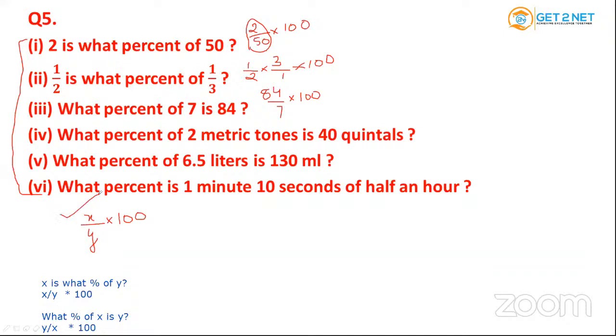Now here 1 by 2 is your X. 1 by 3 is your Y. So how would you do? 1 by 2 divided by 1 by 3. So what will happen? This will go that side, right? Then we multiply. So same thing, 3 divided by 1.